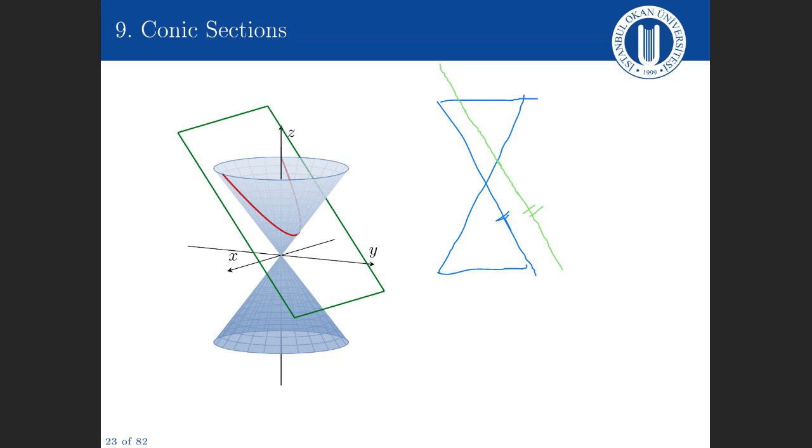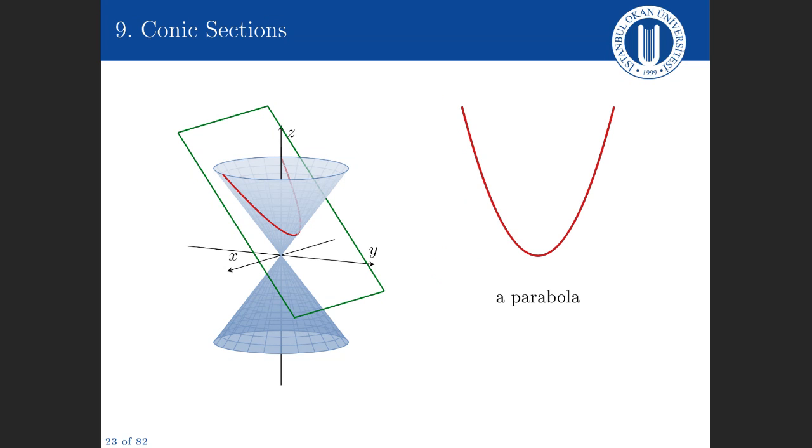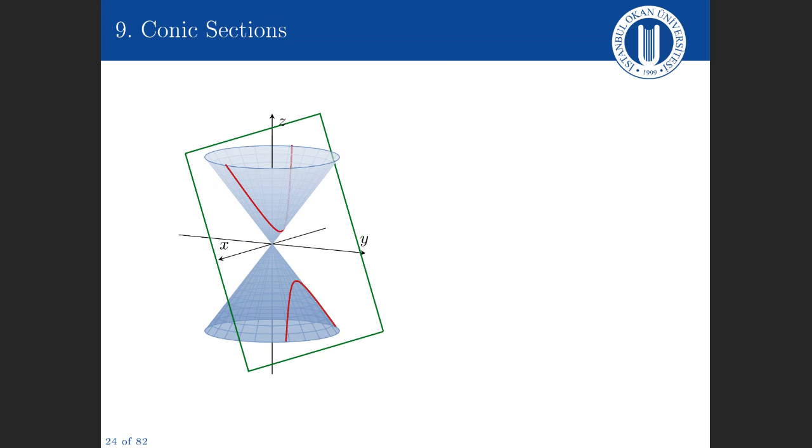Then we have a special curve called a parabola. If we make our plane steeper still, then it's going to cut the top of the cone and it's going to cut the bottom cone. The intersection between the two is going to be a type of curve called a hyperbola. In this chapter, we're going to be studying ellipses, parabolae, and hyperbolae.